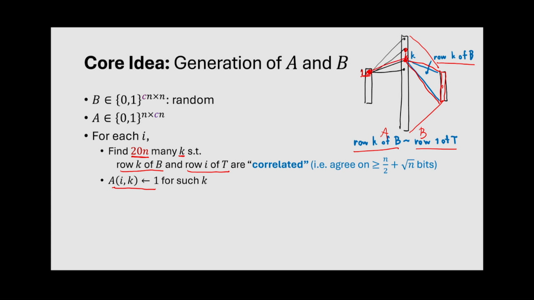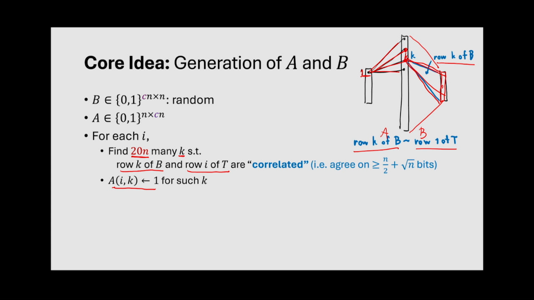So basically, among all of these neighbors of the first node here, the neighbor pattern from K to J is similar to the first row of T. That's the construction. So I just look through all the K who has a similar pattern to the ith row of T, then connect.